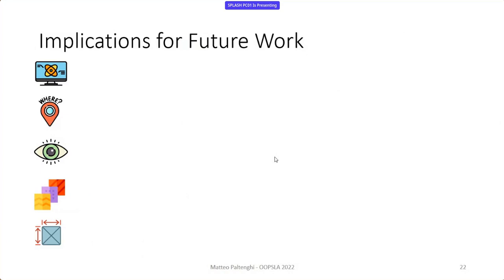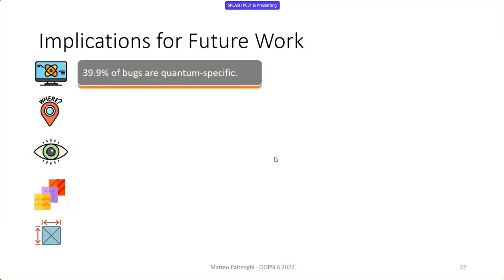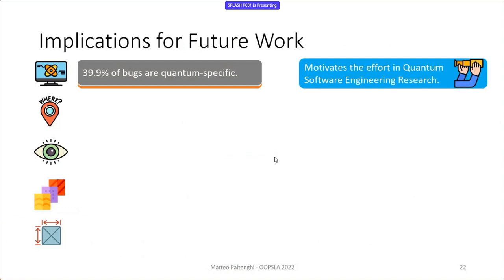So let's now summarize the work. I will briefly recap the implications of our study on future work. So first, with the first research question, we assessed that a consistent portion of bugs, 40%, are quantum specific, and this motivates further research in this direction.